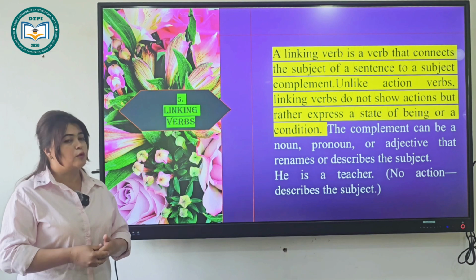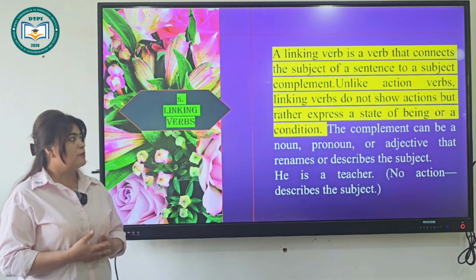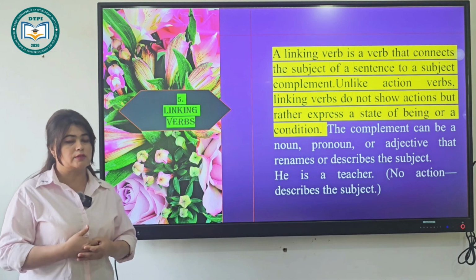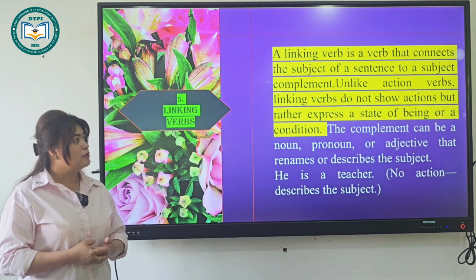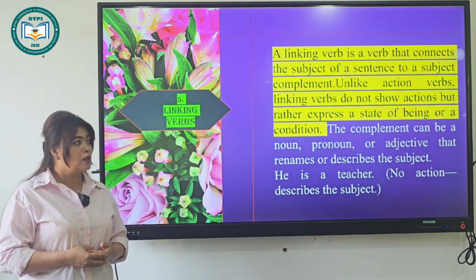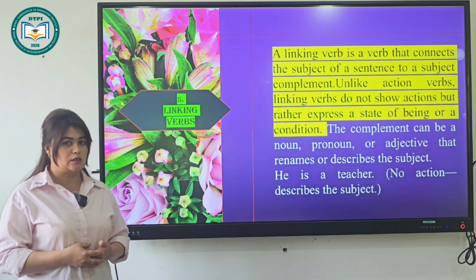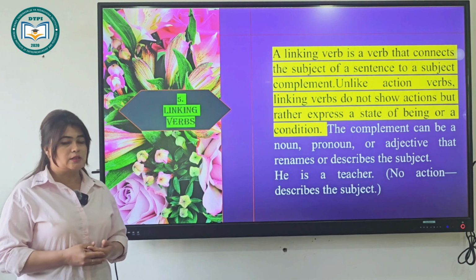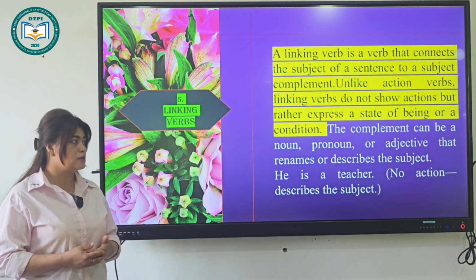Okay, the next type of verb is called a linking verb. A linking verb is a verb that connects the subject of the sentence to the subject complement. Linking verbs, unlike action verbs, do not show any action. Rather, they express a state of being and condition. The complement can be a noun, adjective, or pronoun in a sentence.